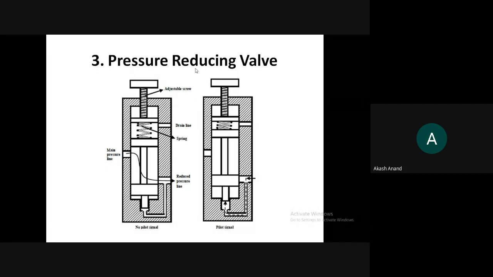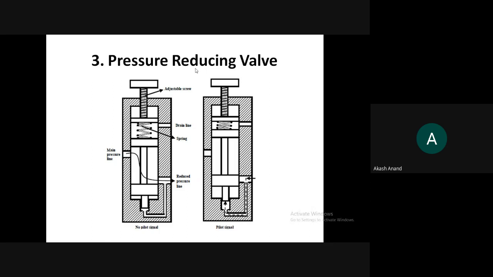So in order to control that surging phenomena, we are actually controlling the pressure of the fluid flowing through the passage. So this type of valves are used for maintaining a low pressure or a reduced pressure in a hydraulic circuit. Okay, I think it is clear.